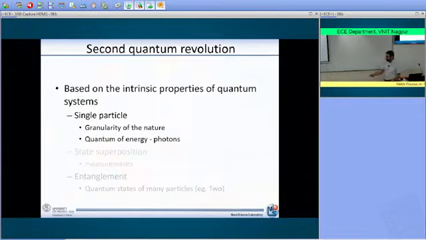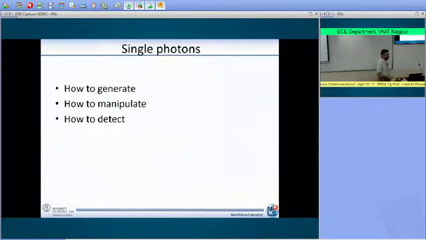In this laser, you have hundreds of billions of photons. What we want to do now is no longer use billions of photons, but only one single photon. One of the important challenges is to be able to generate those single photons, to manipulate those single photons, and to detect those single photons.